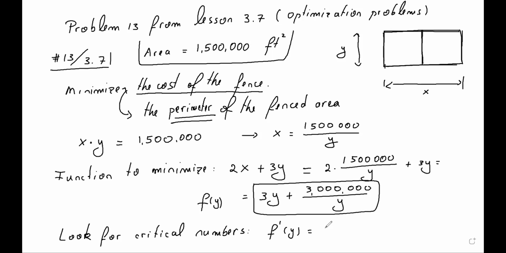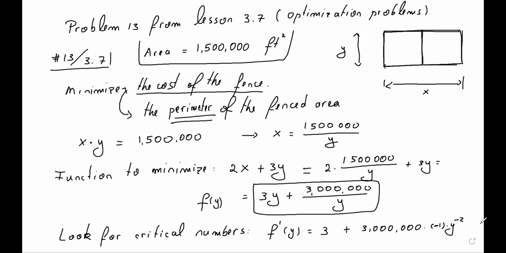So that will be 3, because it's in y, the derivative will be 3. And from this one here, it's 3 million times y to the negative 1. When you do a derivative, it's going to be plus 3 million times y to the negative 2, but y to the negative 1 was initially there, so that's going to be negative 1 times y to the negative 2.